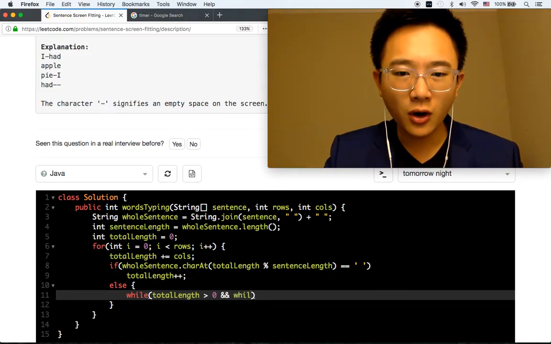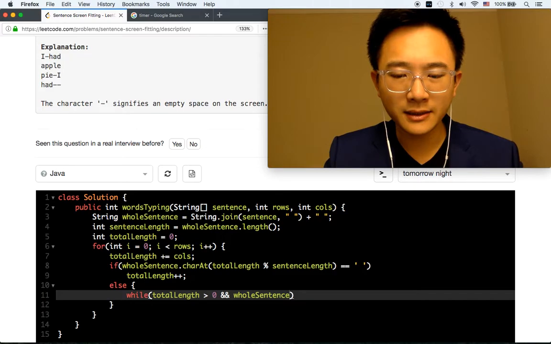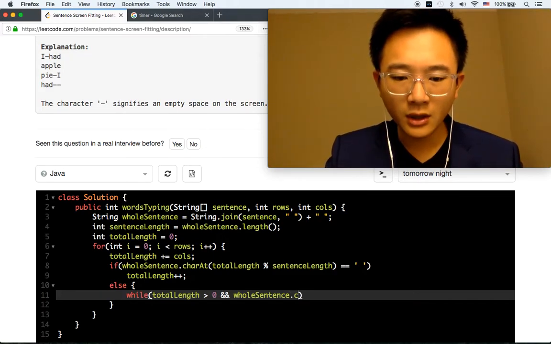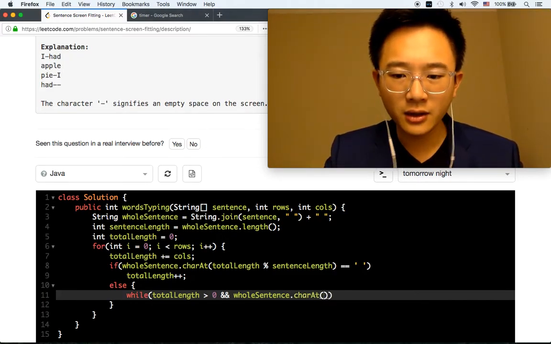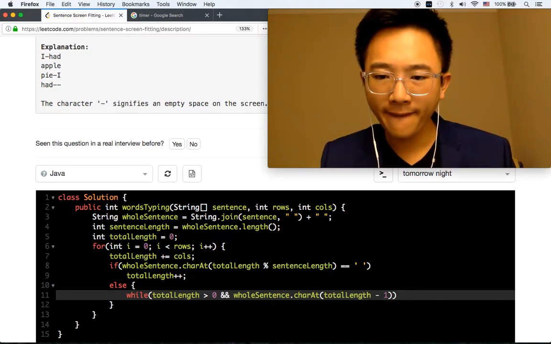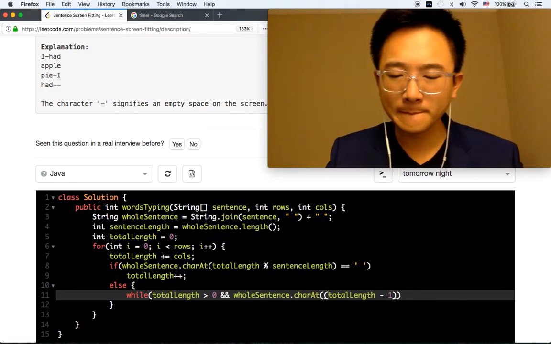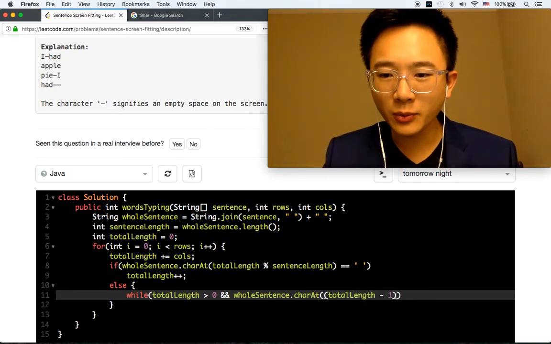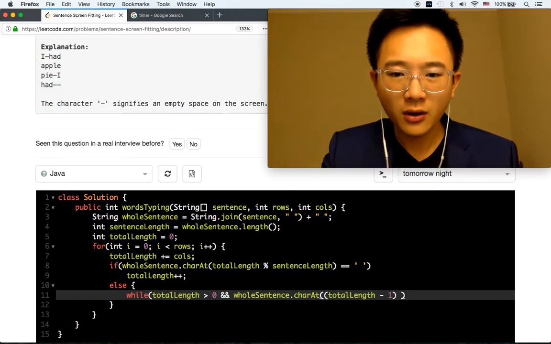So whole sentence character at total length minus 1. In this case, we are getting the character of this total.